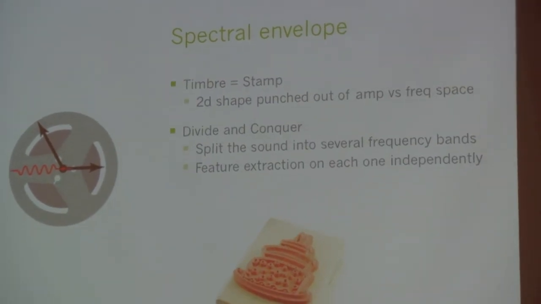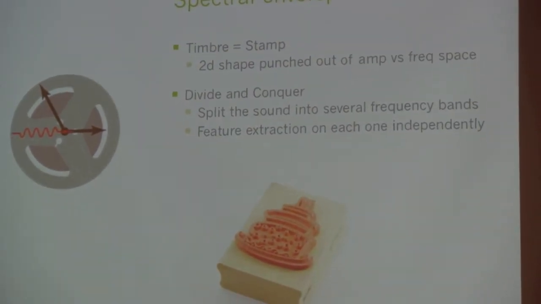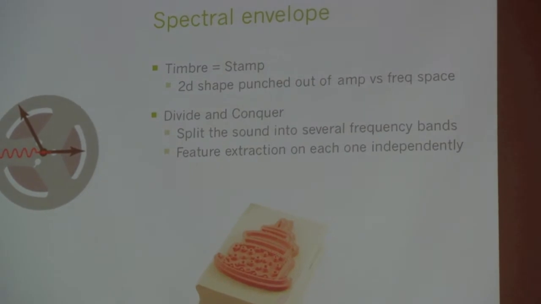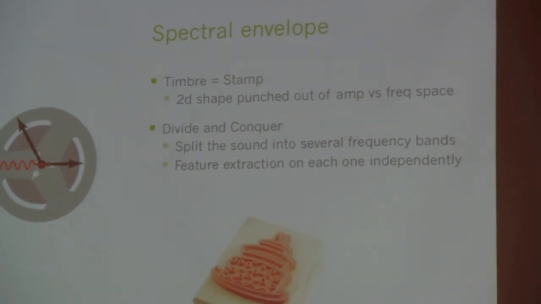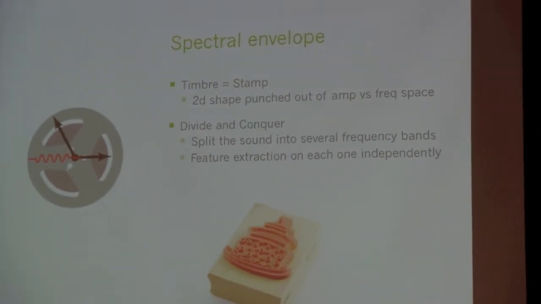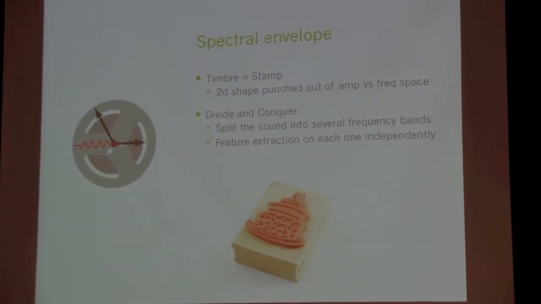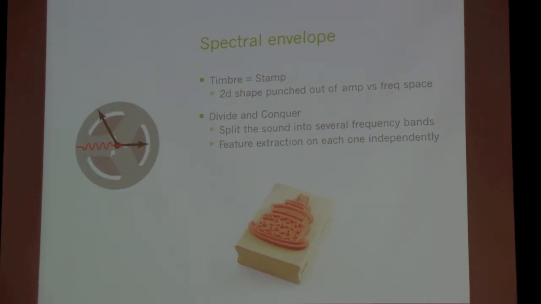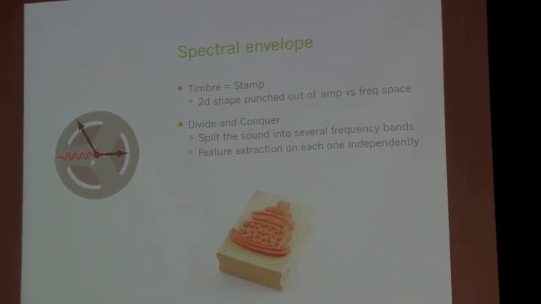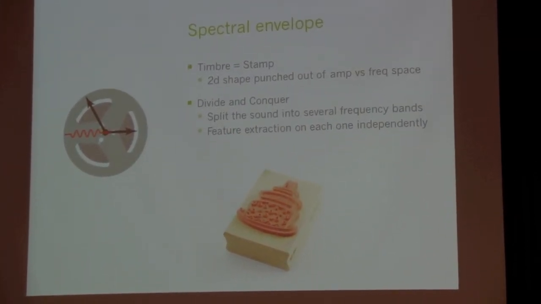So besides extracting amplitude and frequency, we're pretty good at extracting some kind of, if you want to call it timbre, something about the spectrum. Think of it almost as a spectral envelope or shape, or like a stamp.